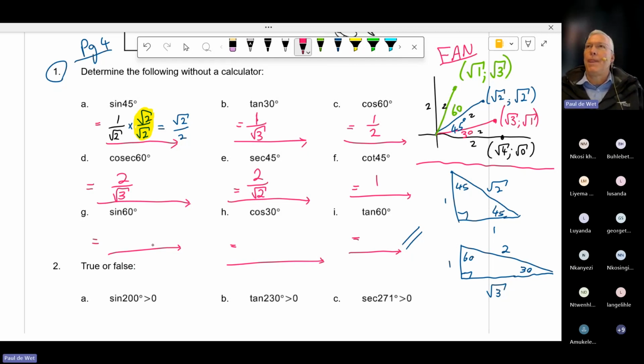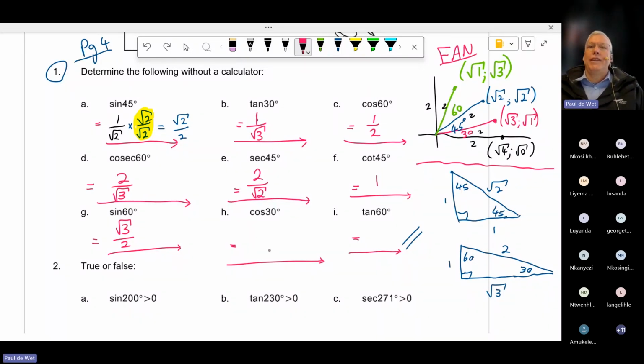All right, sine of 60. Sine of 60. Cos of 60 is 1 over 2. Sine of 60. It's root 3 over 2. It's either, guys, y over r or it's opposite over hypotenuse.